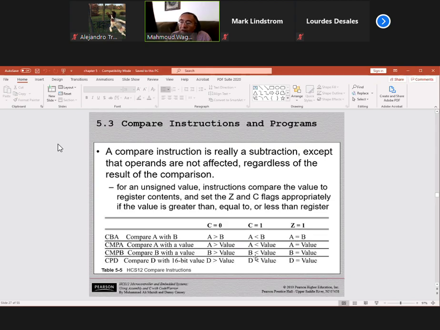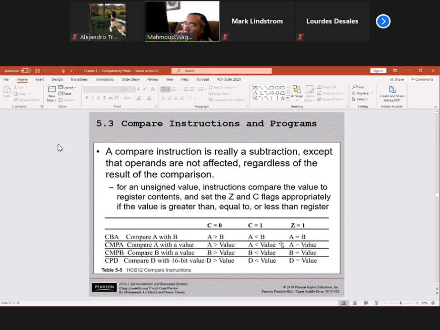Let's go to the second instruction. Compare A with a value. If A is bigger than a value, the same thing happens here. Whether we're comparing with B or with a value, the value could be a number in some memory location carrying some data.